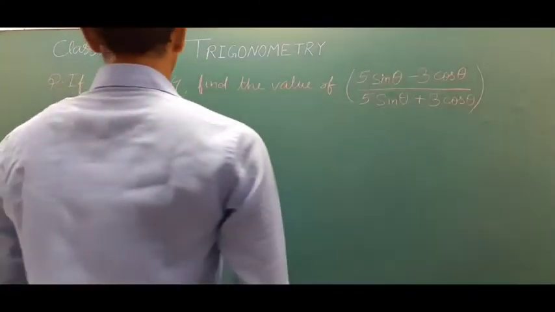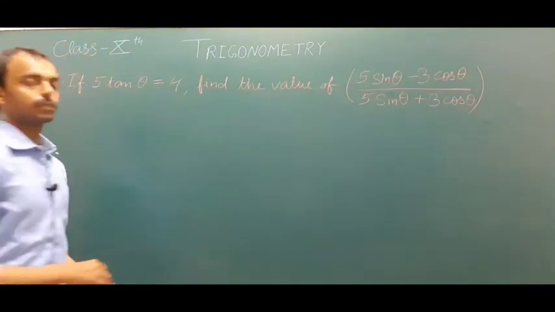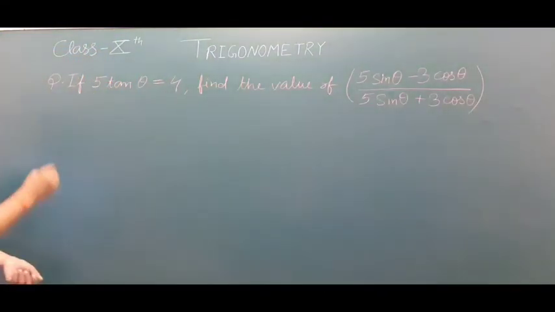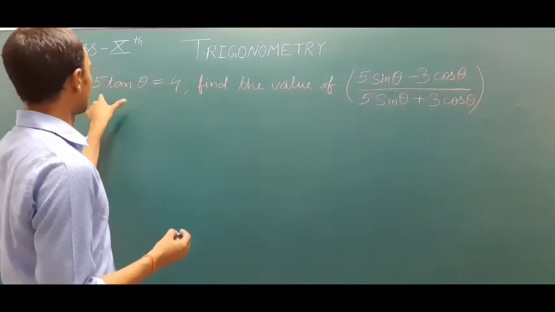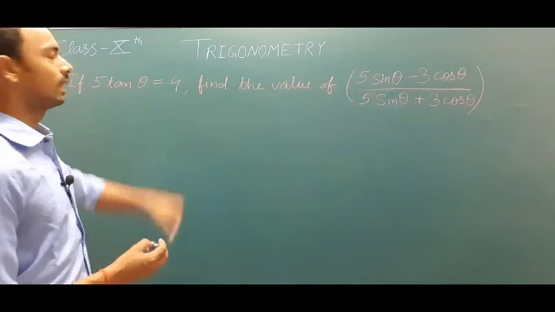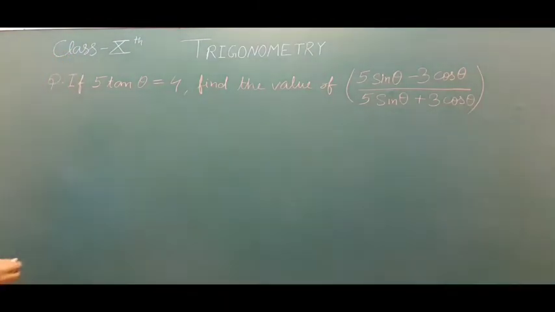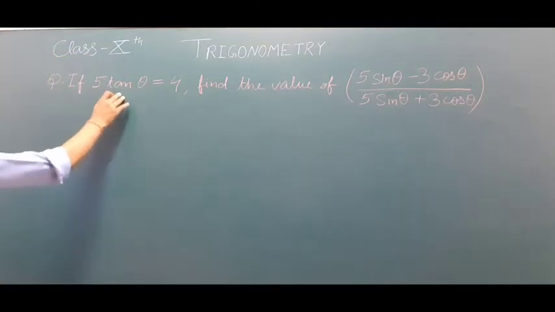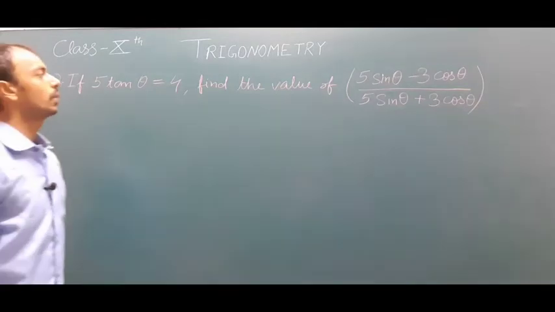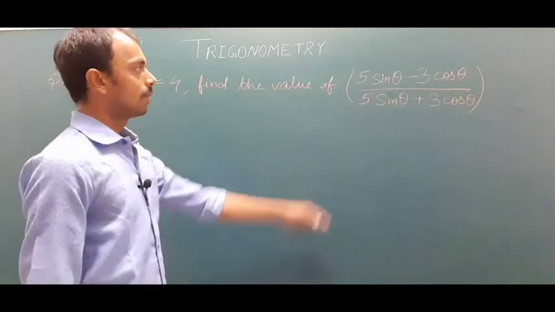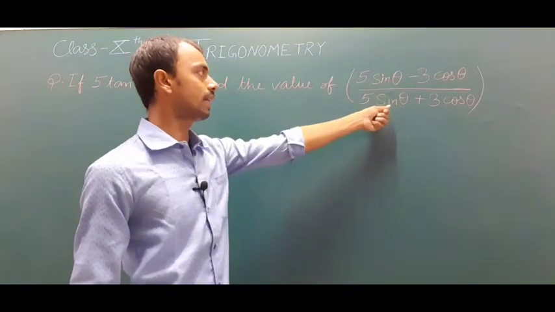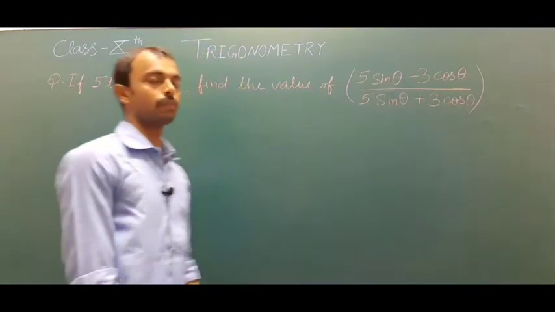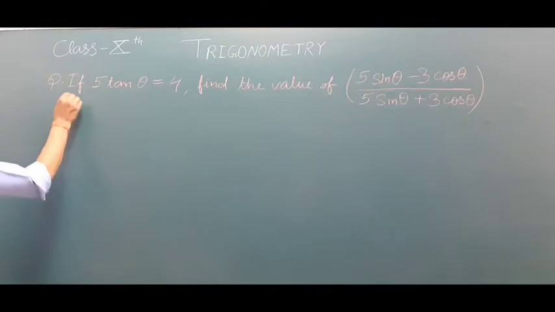Okay. Now see, this is a different type of question. This does not depend upon the ratio, but we have to find a few ratios from the given situation or given condition. It is given that if 5 tan theta is equal to 4, find the value of 5 sin theta minus 3 cos theta upon 5 sin theta plus 3 cos theta. So what we have to do?